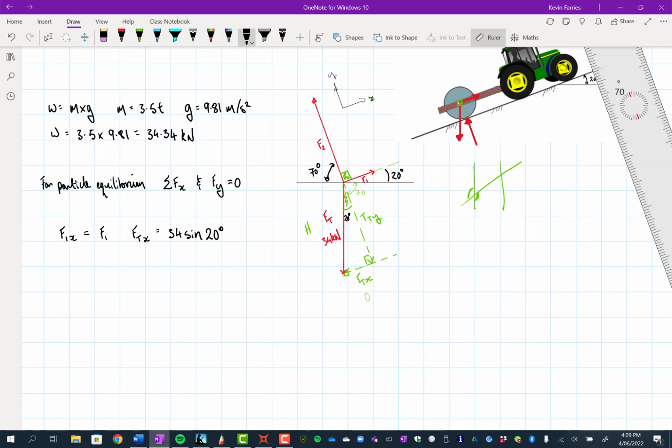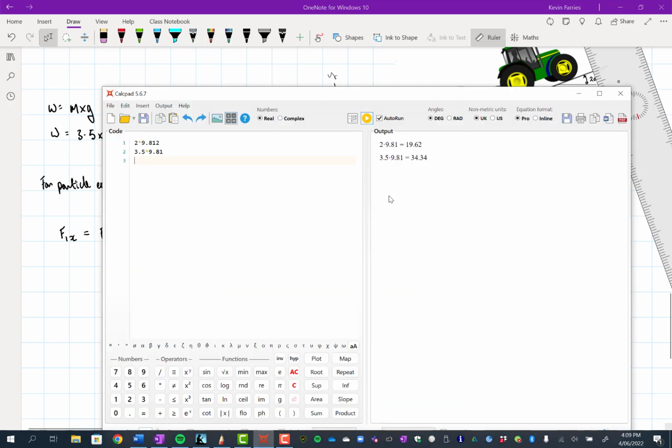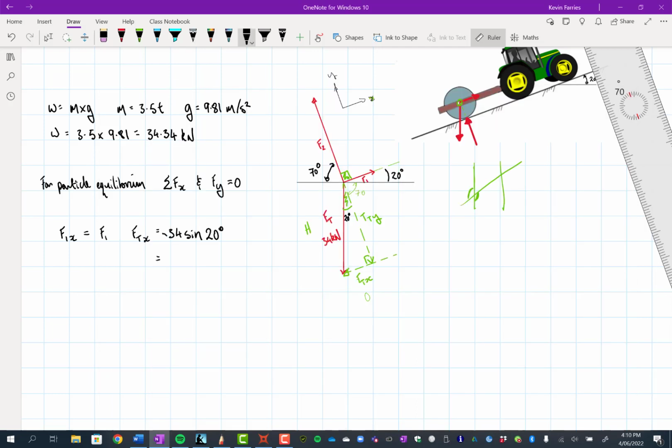We're going in the opposite direction, the x-axis is going this way, so this must be negative 34 times sine 20 degrees, equals minus 11.63 kilonewtons.